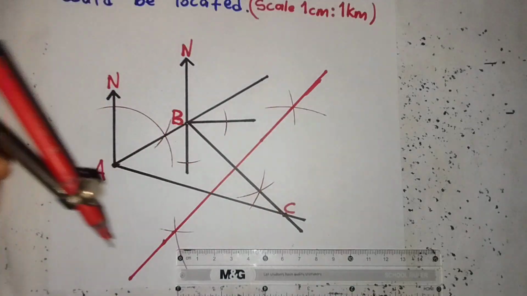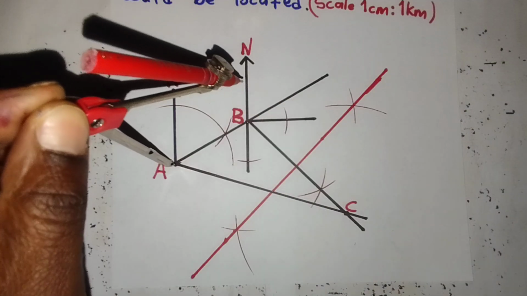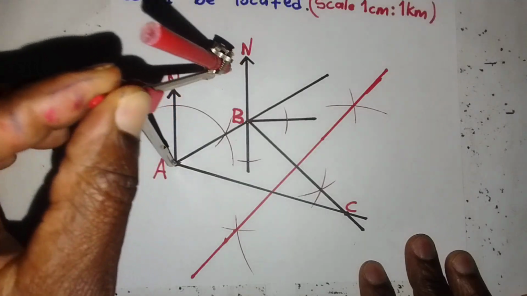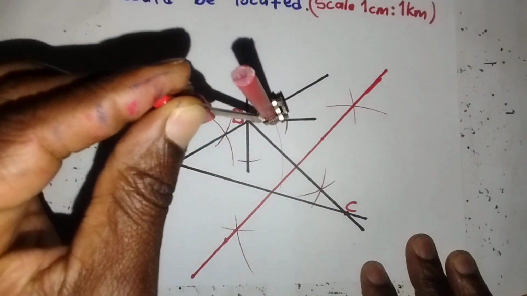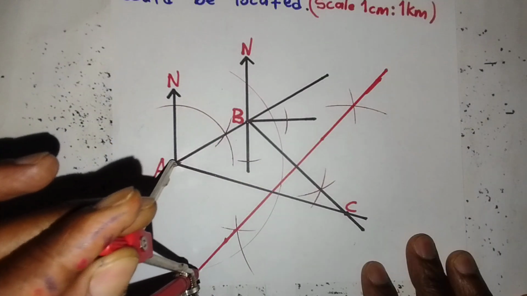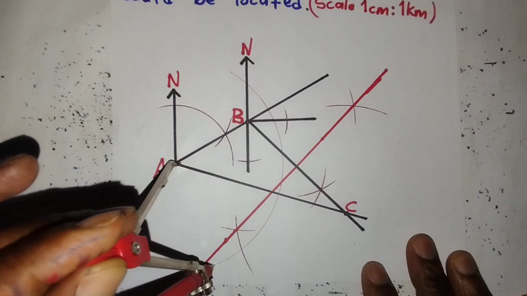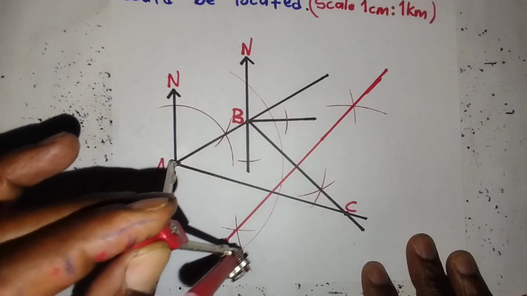Okay, so now with A as my center, I'll draw a circle with A as my center and a radius of 6.5 centimeters, which represents 6.5 kilometers according to our scale.